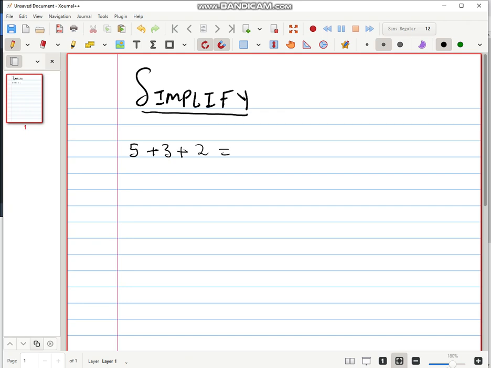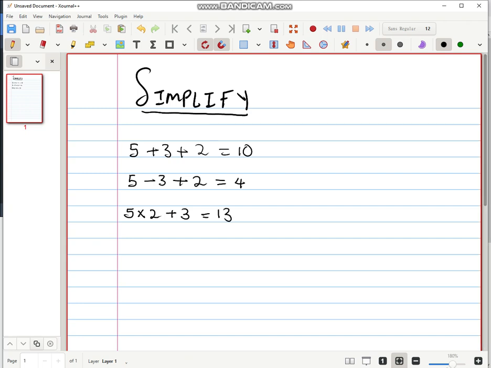So 5 plus 3 is 8, plus 2 is 10. 5 minus 3 plus 2 is going to be 5 minus 3 is 2, plus 2 is 4. Now let's say you have 5 times 2 plus 3. You can say 5 times 2 is 10, plus 3 is 13.